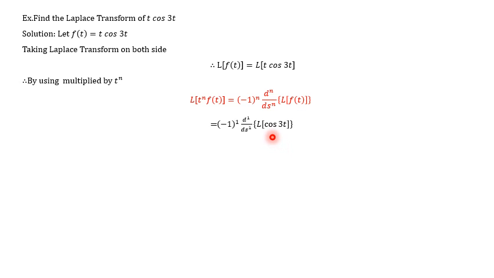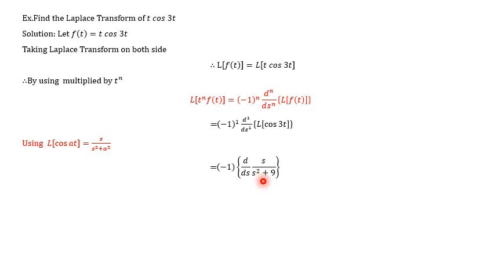In next step, we have to find the Laplace transformation of this cos 3t by using the formula Laplace transformation of cos of at is equal to s upon s square plus a square. So value of a is here 3. So by using this formula, our next step is minus 1, because minus 1 raised to 1 is minus 1, in bracket derivative with respect to s of s upon s square plus 9. 3 square is 9.